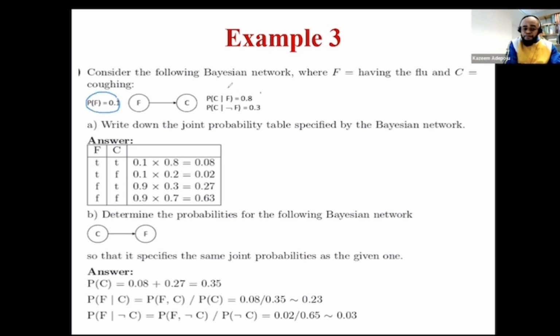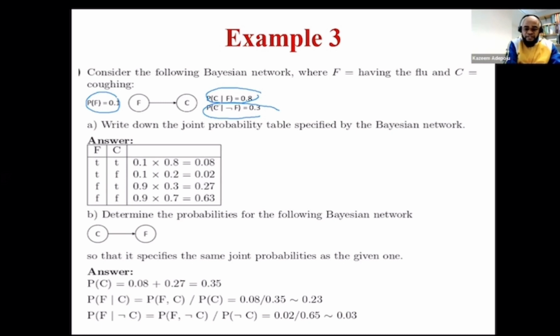The probability of coughing, given that you have flu, is 0.8, which means 80% of the time. And the probability that you cough, given that you do not have flu, is 0.3, which means 30% of the time. People may not have flu and they cough. Maybe they have other diseases. You get what I mean?